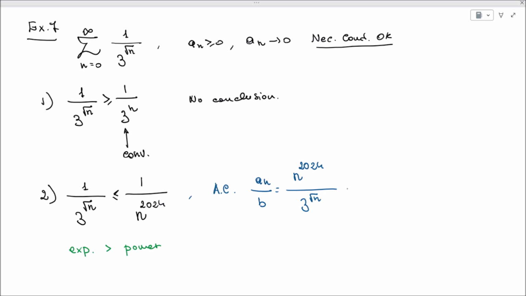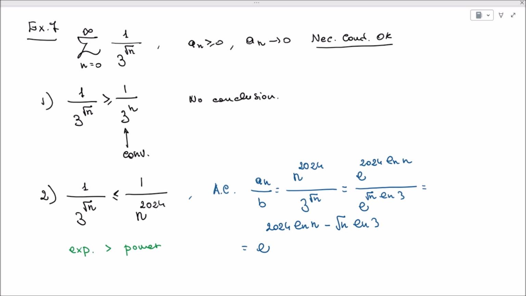How can we work with this? We can transform this with the exponential. So we have e raised to the 2024 logarithm of n, and instead at the denominator we have e raised to the square root of n logarithm of 3, right? And this is just like writing e raised to the 2024 logarithm of n minus square root of n logarithm of 3.